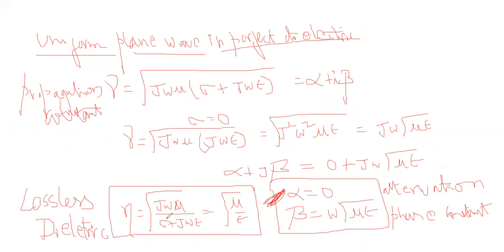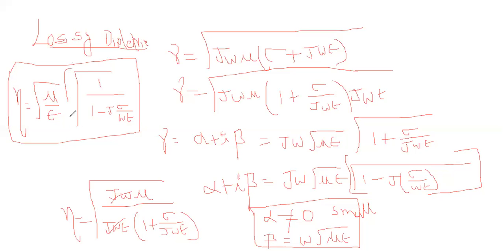The lossless alpha is equal to 0 means perfectly I am taking sigma equal to 0, mu by epsilon. But now the mu by epsilon is multiplied with another factor. When there is a lossy dielectric, this much factor is multiplied for the intrinsic impedance also. That is under root of 1 by 1 minus j sigma by omega epsilon. And here it is not inversely proportional, it is directly proportional, 1 minus j sigma by omega epsilon. This is a factor we have to get when alpha is not equal to 0. So it is a lossy dielectric.